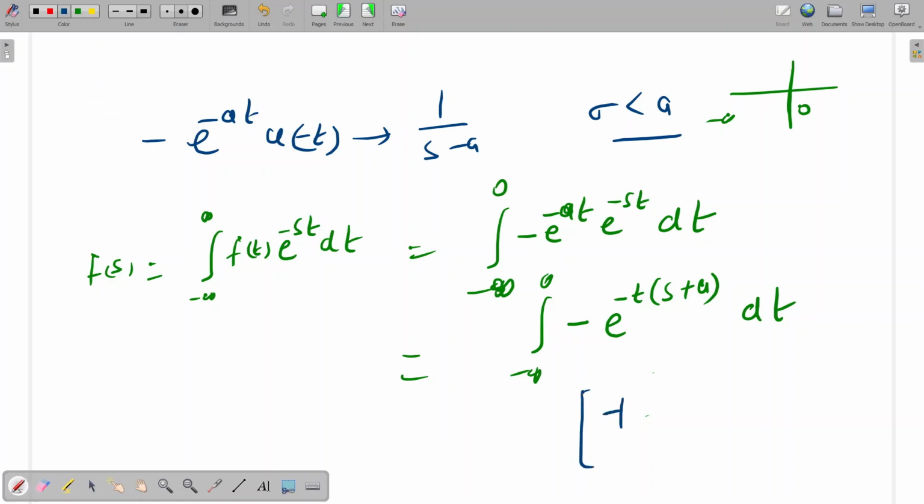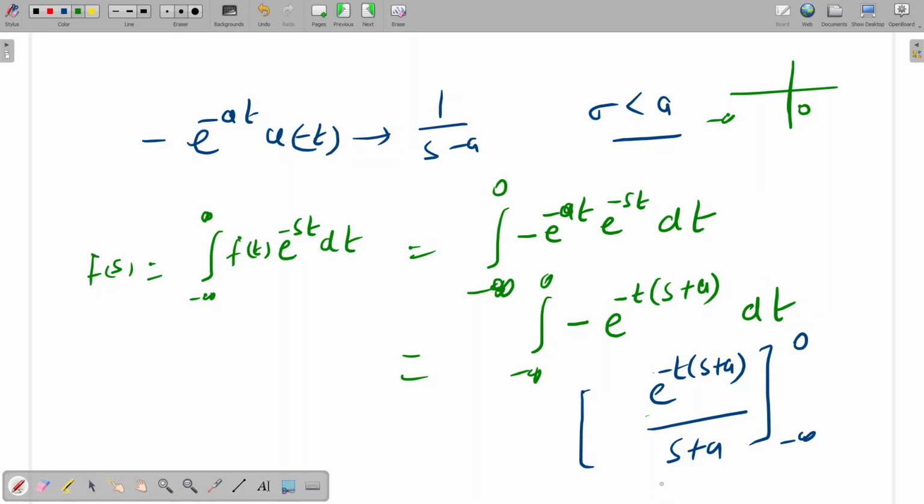It is minus e to the power minus t(s plus a), divided by s plus a, from minus infinity to 0. Is it correct? That minus minus cancels, sir. Where? Okay, the denominator will have minus, so below also it will be minus, so minus minus will cancel. Okay, correct.